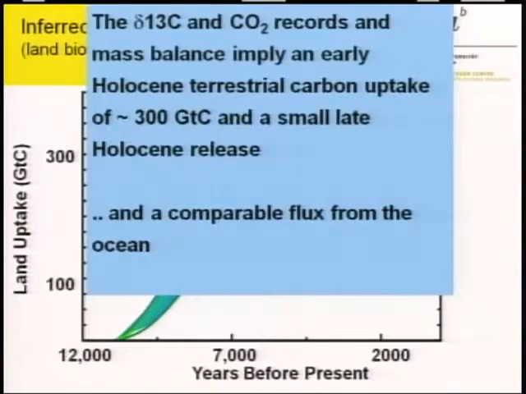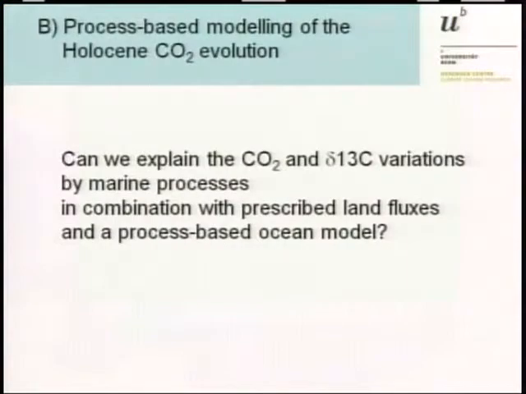And as the atmospheric change is relatively small, this implies also a comparable flux from the ocean. So the mass balance gives us some hint about the magnitude of these fluxes, and we may now go a step further and ask ourselves, can we actually reproduce those fluxes in a more complex process-based model?